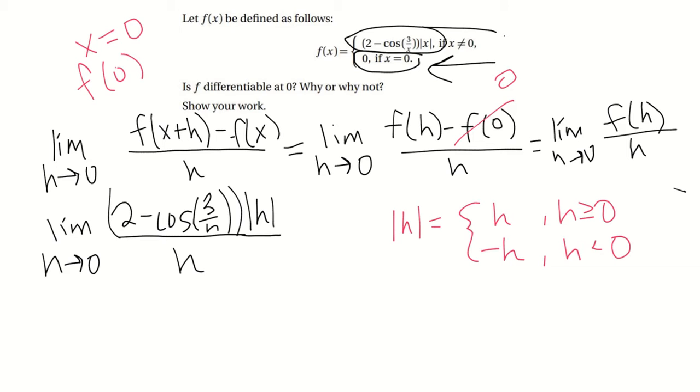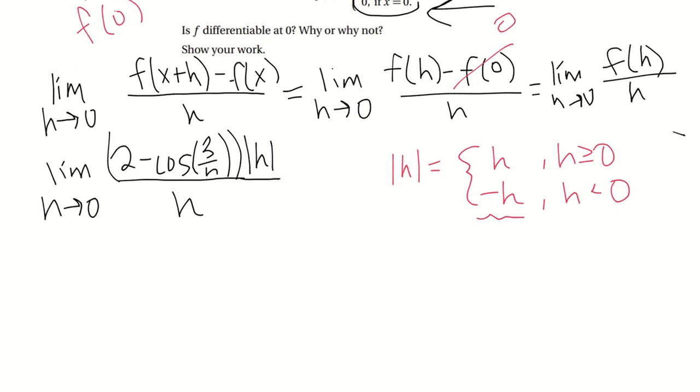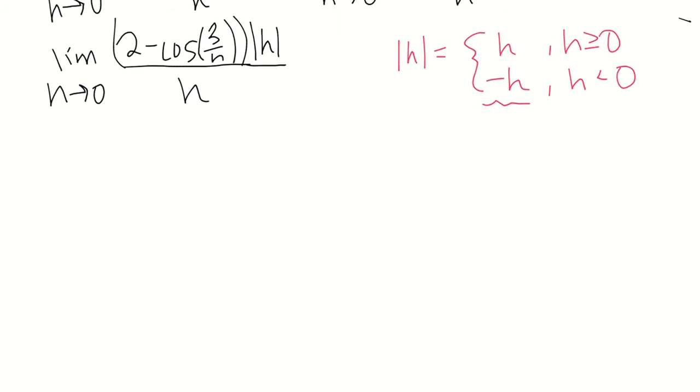So think about if we plug in like -2 here. Absolute value of -2 is 2, which is the opposite of -2, positive 2. So that's how this definition of absolute value comes about. Okay, so now let's split this into two limits. Let's look at the right hand and the left hand limit here.